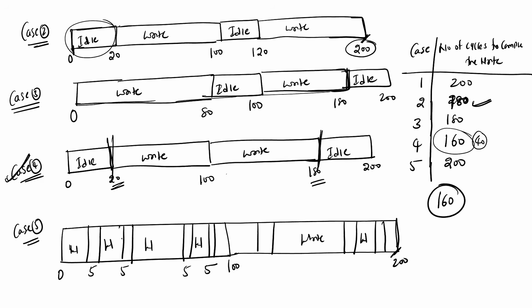Okay, so here if you see like case 9, so what is case 9? Out of 200, we need to consider the worst case. That is case 4 we need to consider. So that means out of 200 cycles, 160 data items are written.